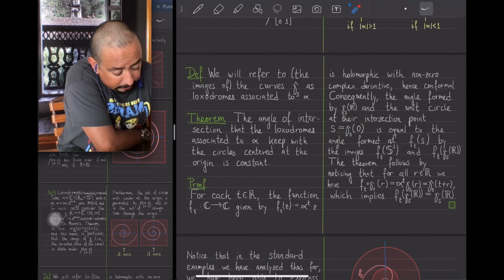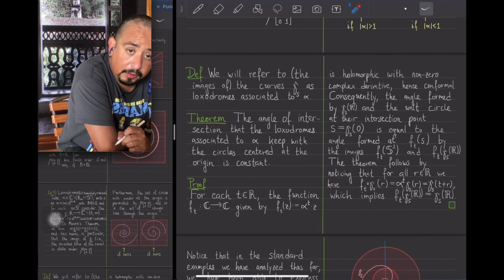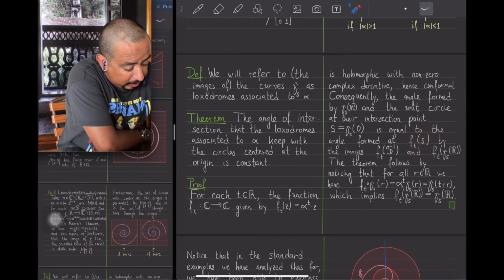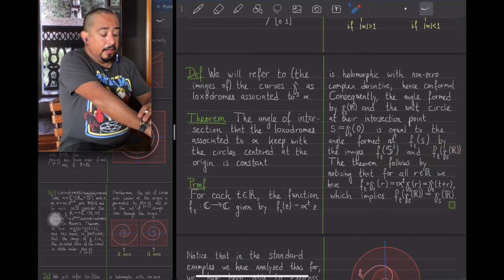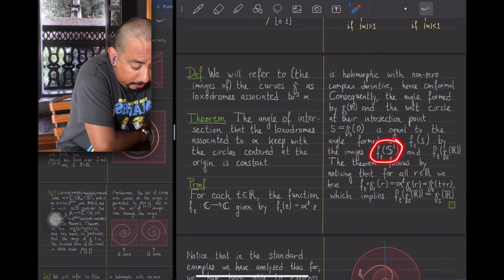When I measure the angle at the point of intersection, this angle is equal to the angle formed at f_t of S, the result of evaluating my conformal map at S, formed there by the images of the unit circle and the loxodrome. Now, well, the image of the unit circle is a circle.